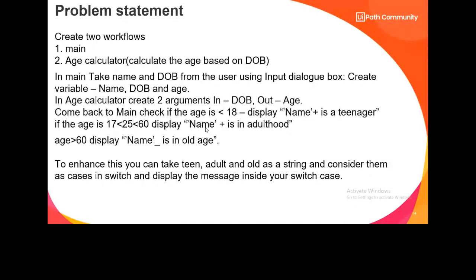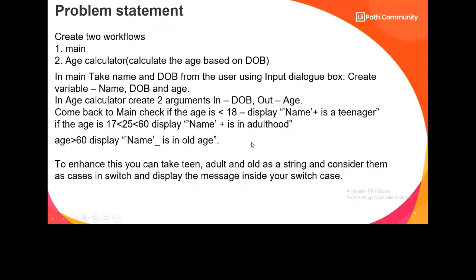So you have to use two different input dialogs here, one for the name and one for the date of birth. And then you can display based on the age we are getting. You are going to change the display message: name plus teenager, name plus adulthood, name is in old age if he is greater than 60 years. And just to enhance this one, instead of taking everything inside of an if condition, you can assign these things to the three cases.